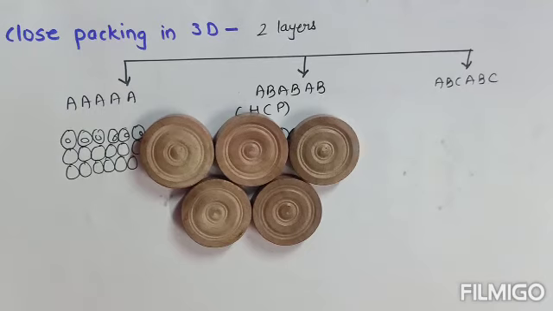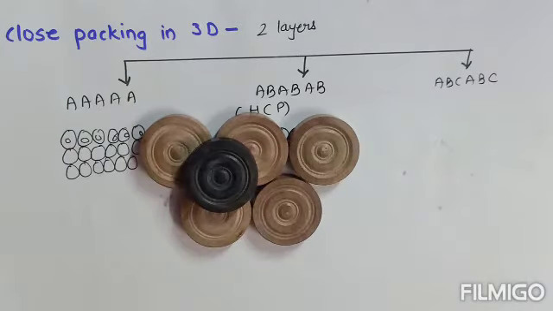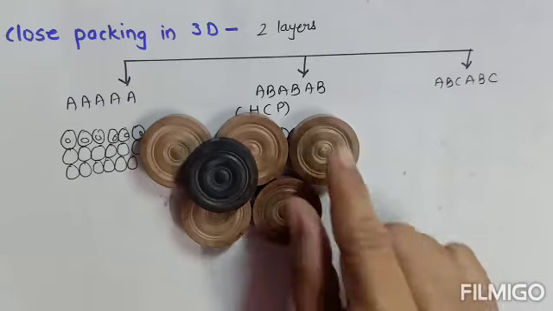Now we can arrange the atoms in such a way that the voids are covered. For example, in this arrangement, I can place the next constituent particle exactly on the void. So now this is going to give a different type of arrangement.